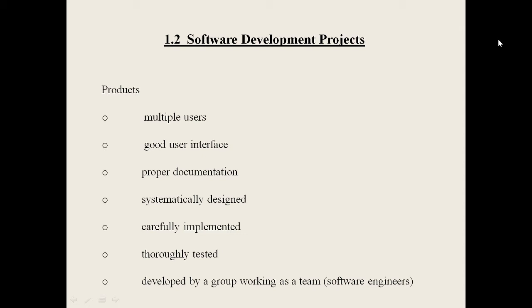But for a product, as I said earlier, a product is a completely developed software, and a completely developed software would be developed by a group working as a team. And always the developers of the software are termed as software engineers.